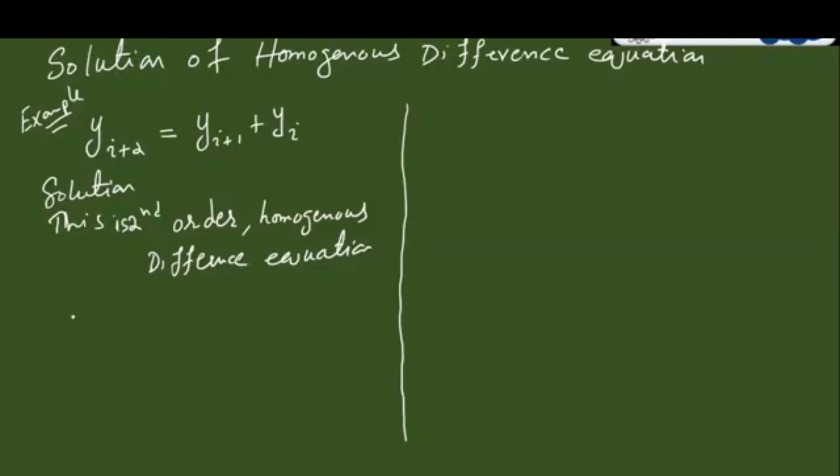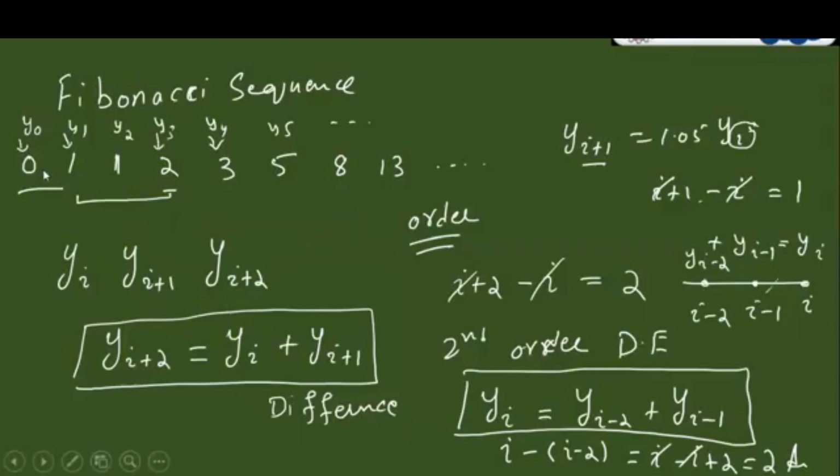So our target is to find some relation, some answer of this type, that represents a functional form depending on i. So if I say I want to find the Fibonacci sequence number, what would be the number at the 300th place? What does it mean? For example, there is a first place, second, third, fourth, fifth, sixth, seventh, eighth.